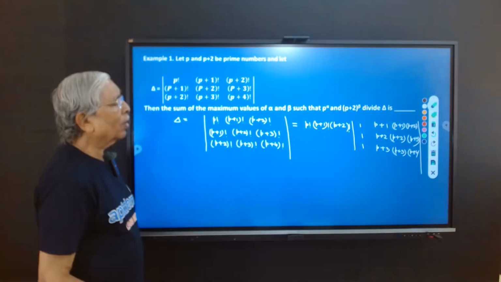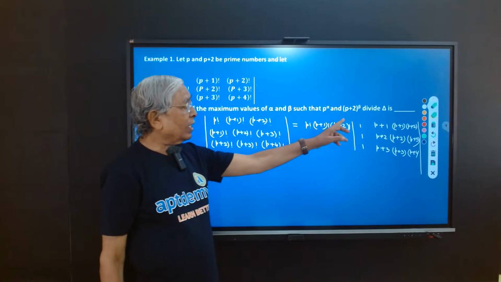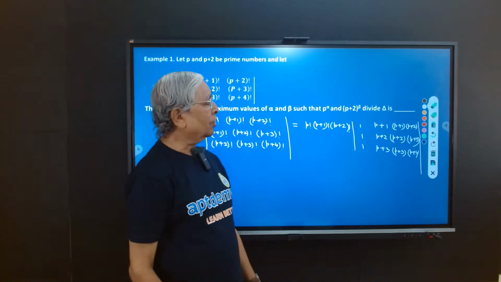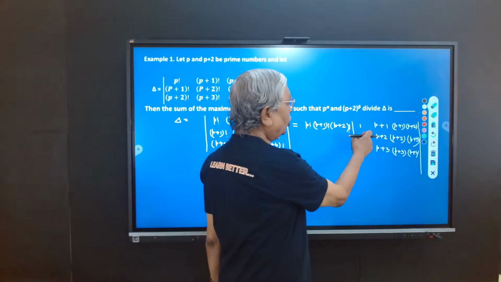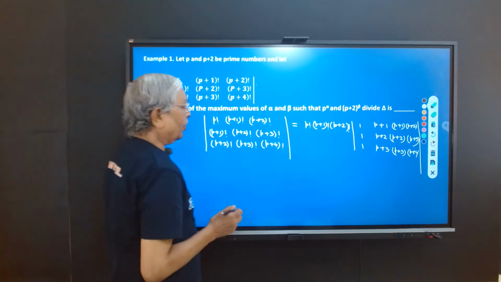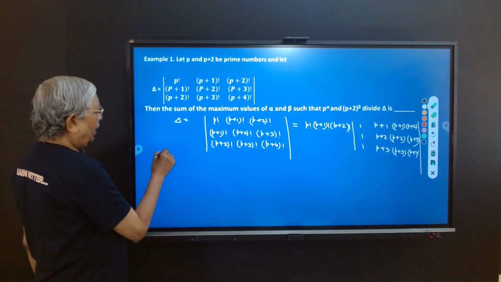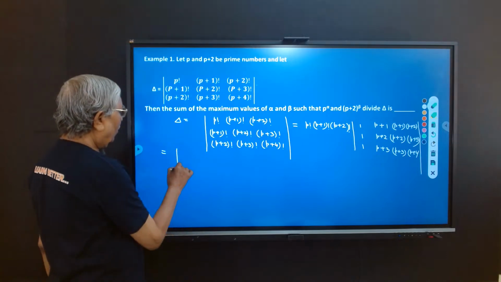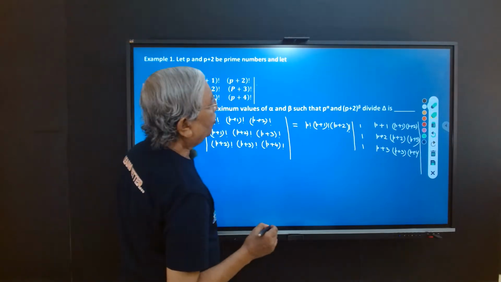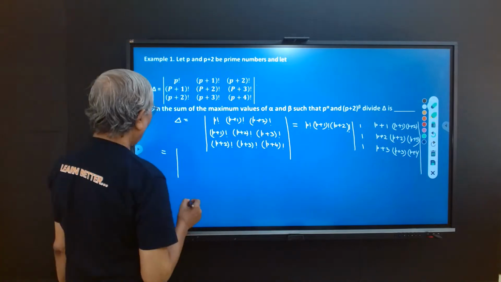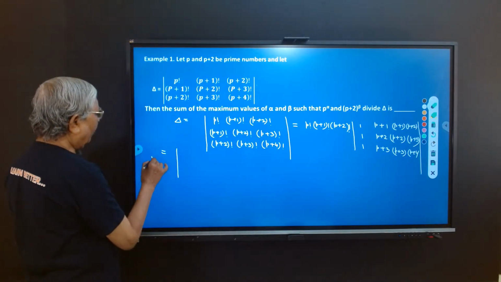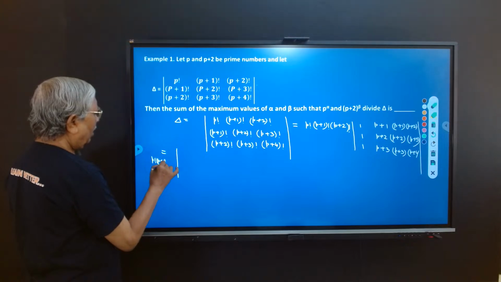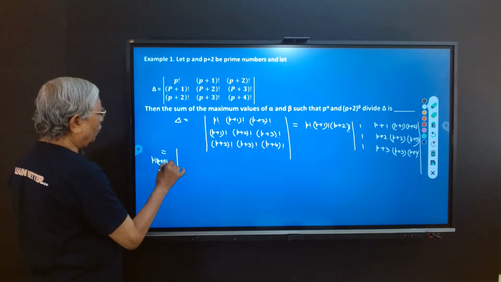Next step, in the first column you have got three ones. To make two zeros, apply the operation. The first row is fixed.